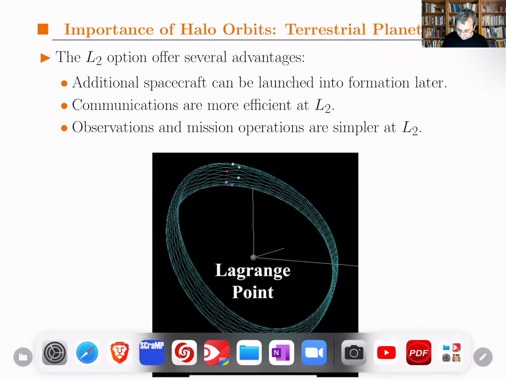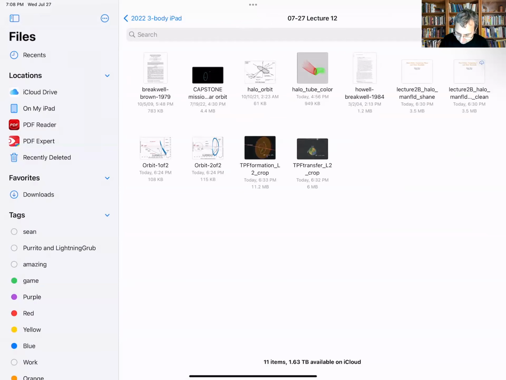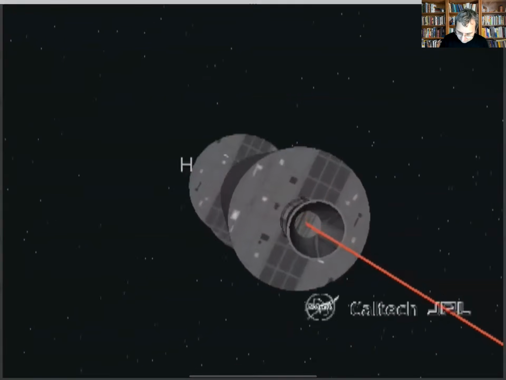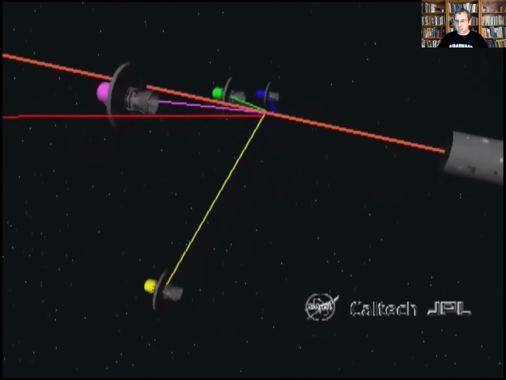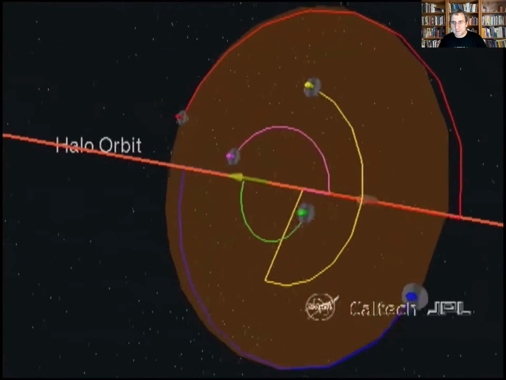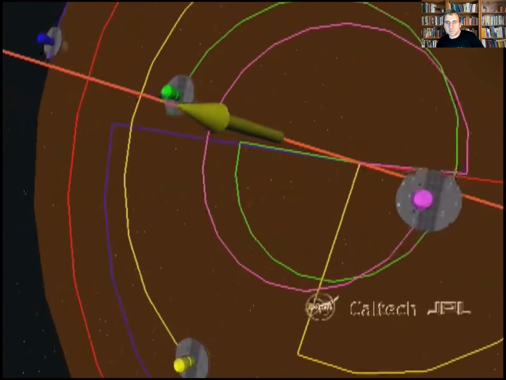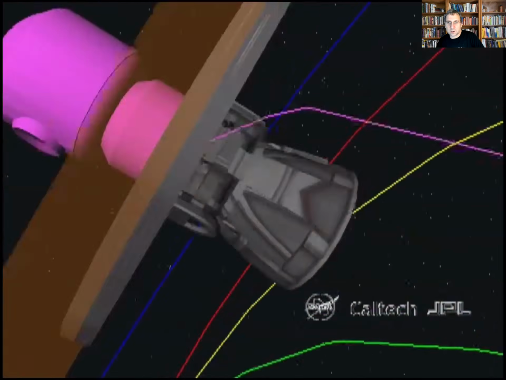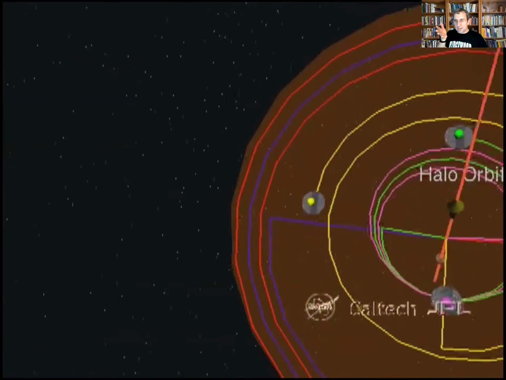Let me show. I think I've got a video somewhere of one of these. This is a simulation and artist rendering of what was going to be happening. That main orbit is the halo orbit, and these are different formation flying vehicles moving in a plane.